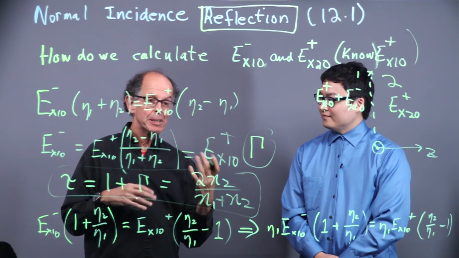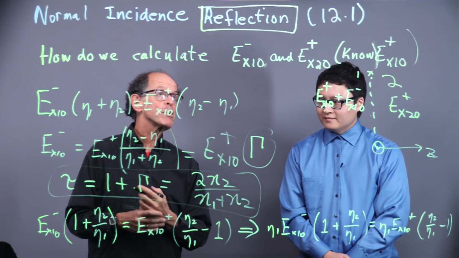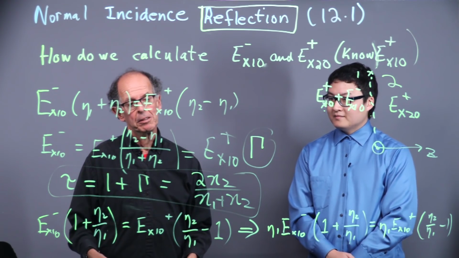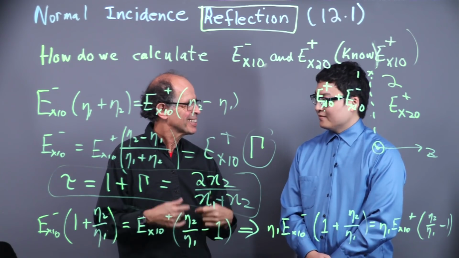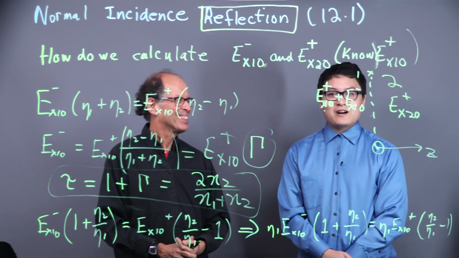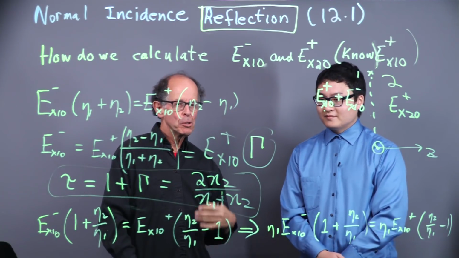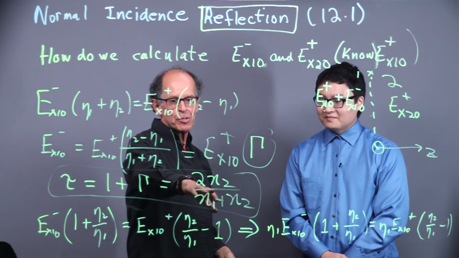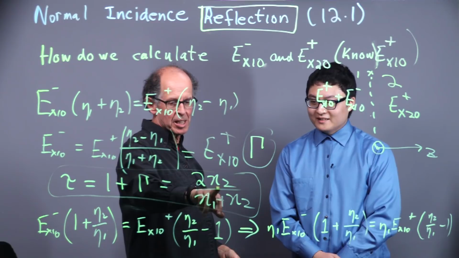And now what we can do is we can analyze the results, look at different situations like opens, shorts, and a perfect reflector. So for example, if eta 2 is a perfect reflector, a perfect reflector is a perfect conductor. So that means eta 2 goes to 0, because it's got 0 impedance, perfect conductor.